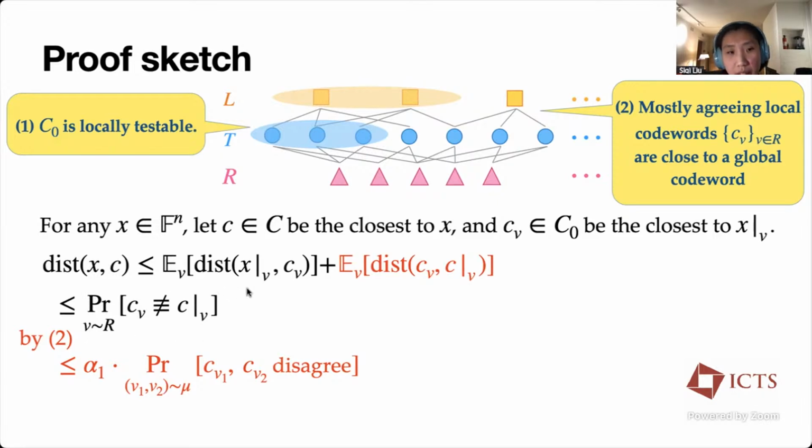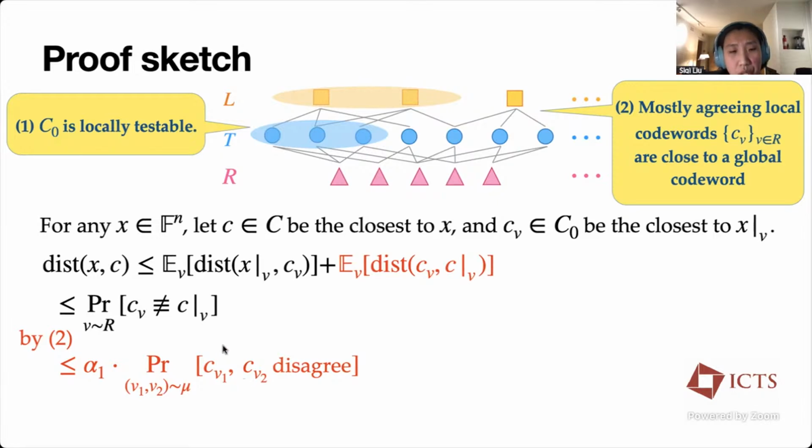In some sense, this is another way of measuring distance from the collection of C_V to the global code space, the tensor code. So we can upper bound this distance with this disagreement probability. It's the probability that when we sample a pair V1 and V2, the corresponding local codes disagree on their intersection.